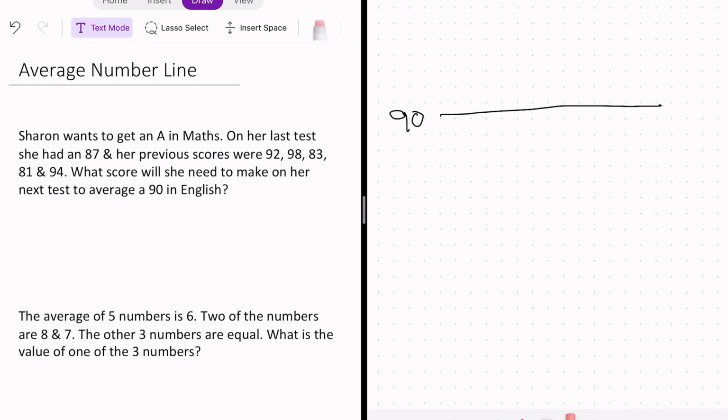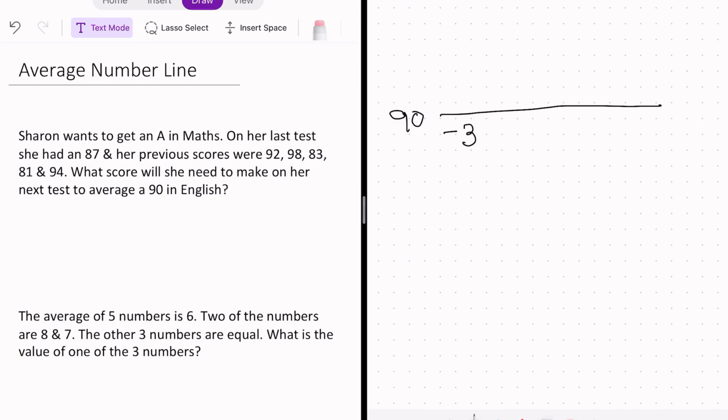So once we have the average number line, which is 90 here, let's plot the individual scores based on the difference between the score and the average. Let's look at the first number, 87. 87 is 3 less than 90. So what we do in this method is to write a minus 3 here.